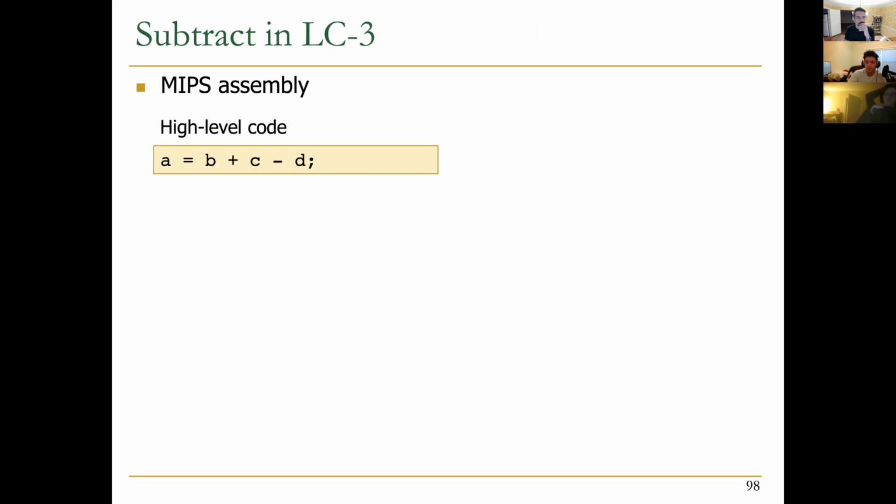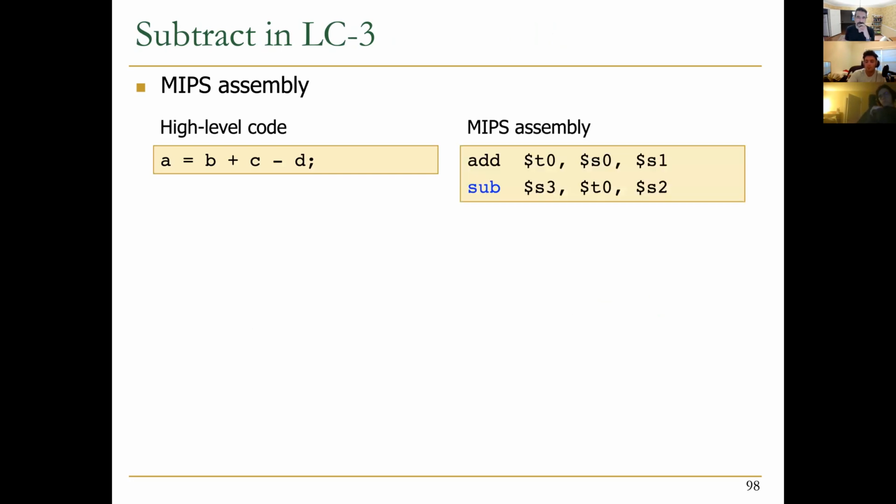Also, subtraction is similar. In MIPS, for example, if you have this high-level code, adding C to B and subtracting D from the result and putting the result to A, it is 2 lines of code in MIPS. We need addition and subtraction, and MIPS supports subtraction.